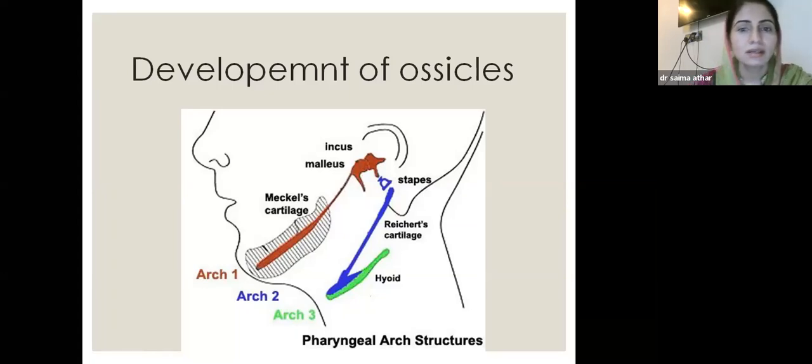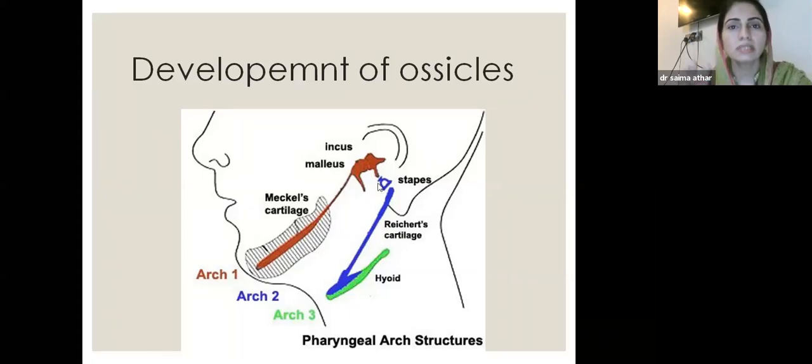Tensor tympani is related with incus and malleus, and the stapedius is attached to the stapes. That's why facial nerve supplies the stapedius muscle, and the tensor tympani is supplied by the first pharyngeal arch nerve, that is the mandibular branch of the trigeminal nerve.